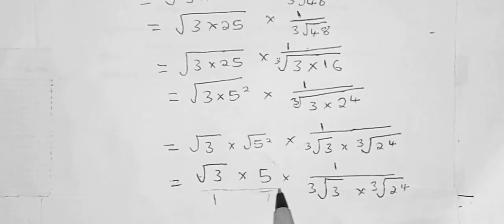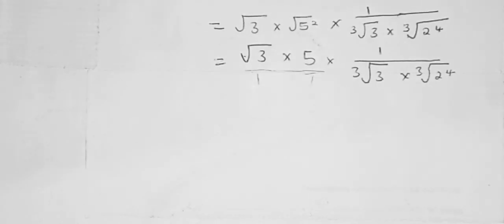So we start in BODMAS order: brackets, division, multiplication, addition, and subtraction.